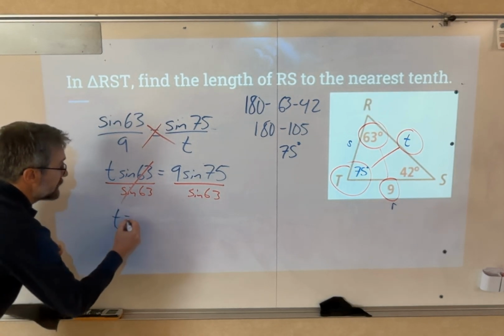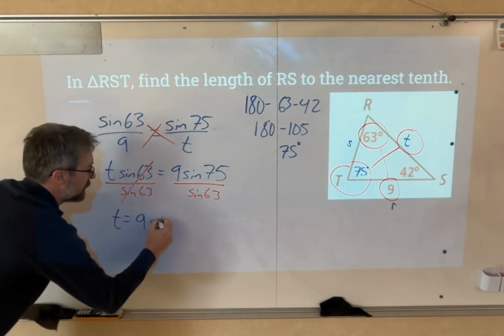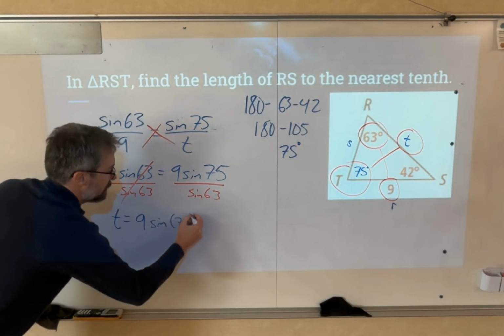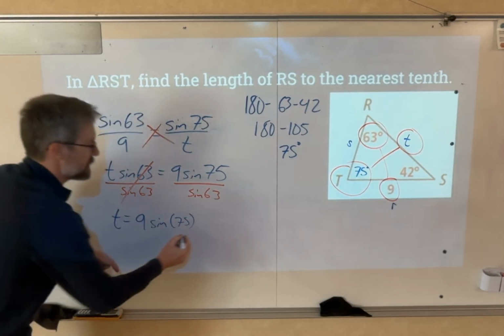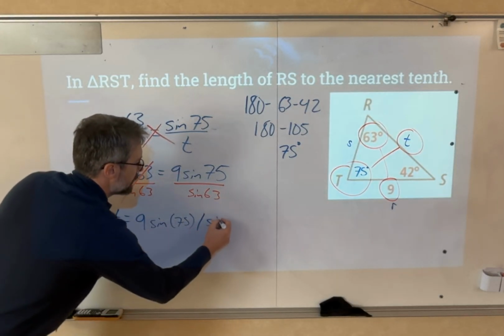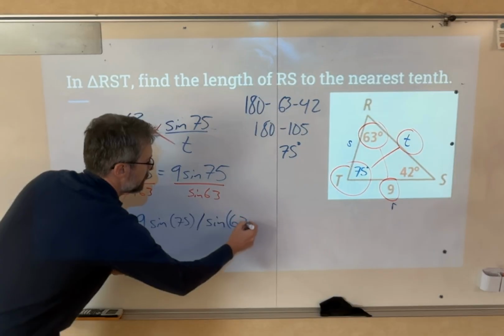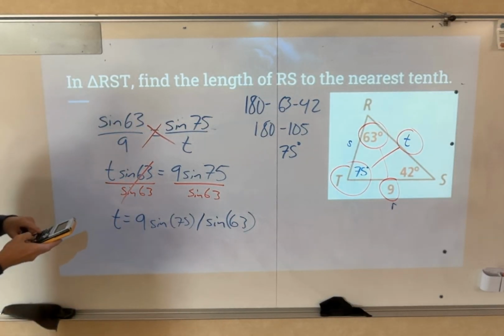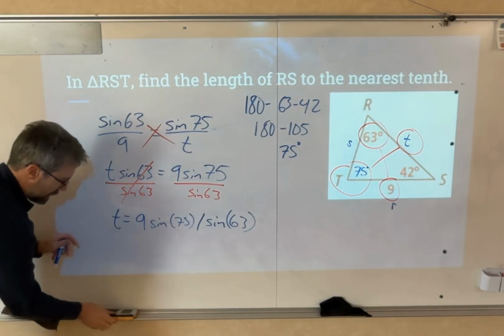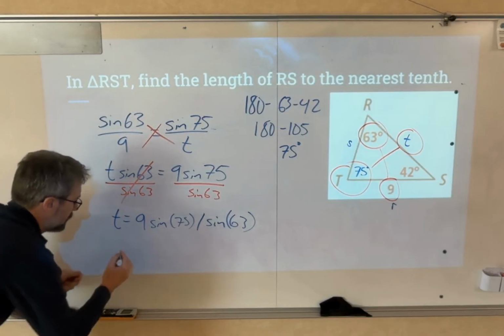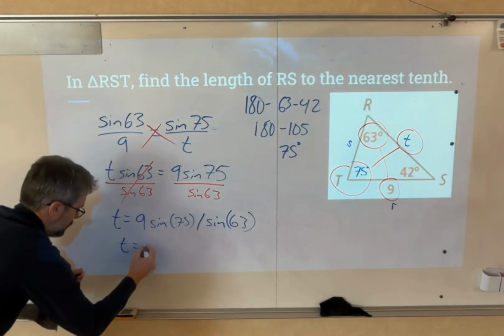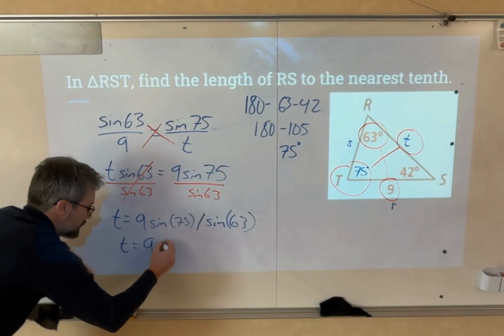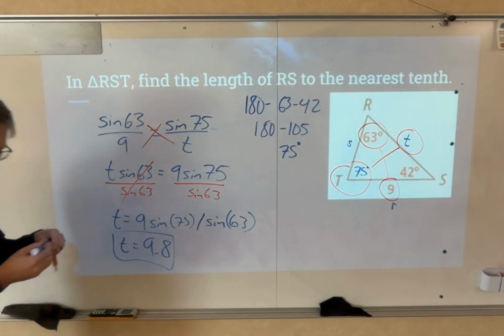And now we've got T is equal to 9 sine 75, making sure that I've got the parentheses around it, divided by sine of 63. And that is 9.8.